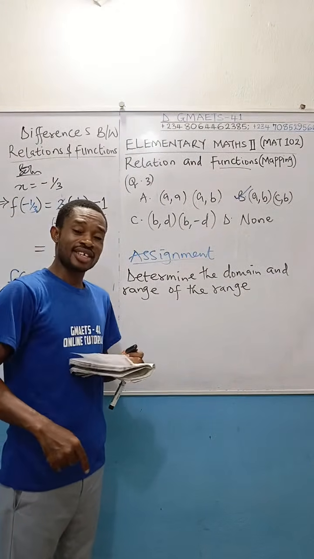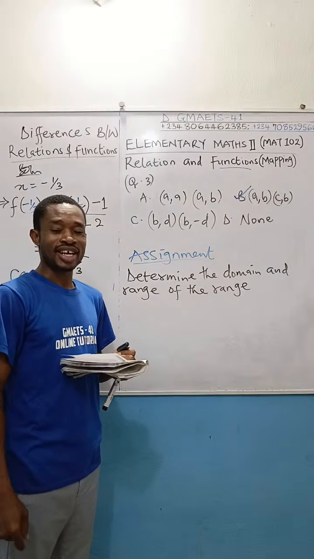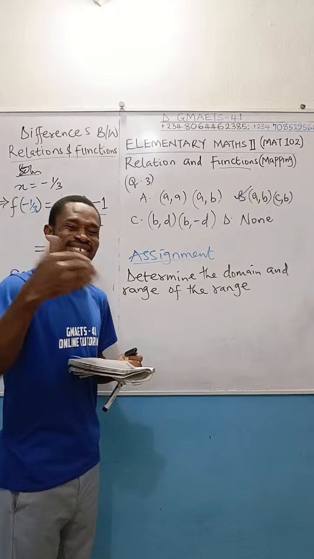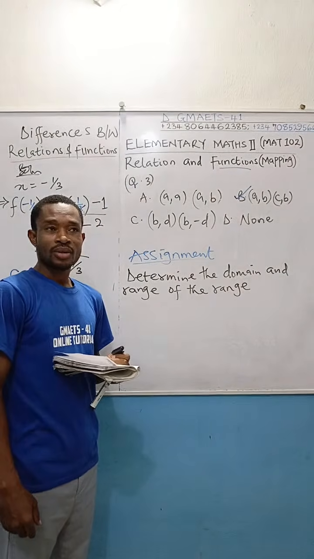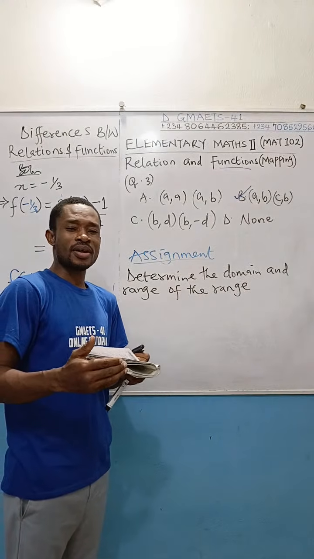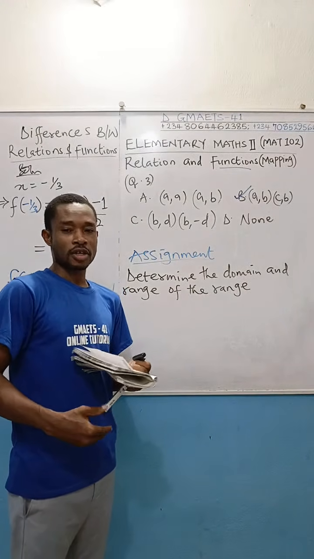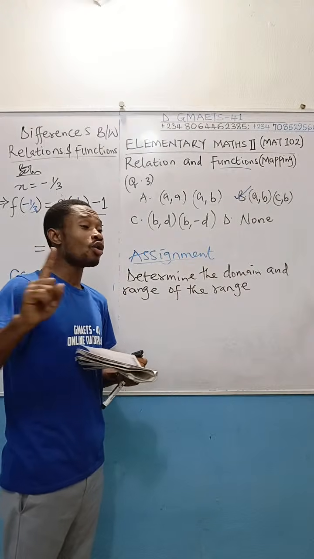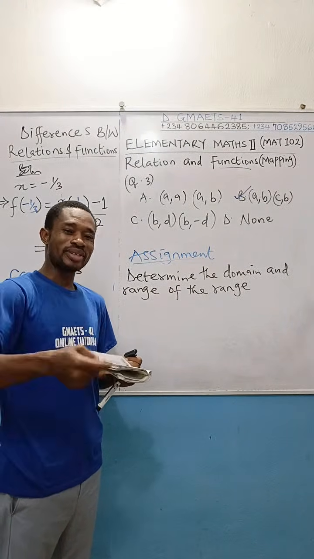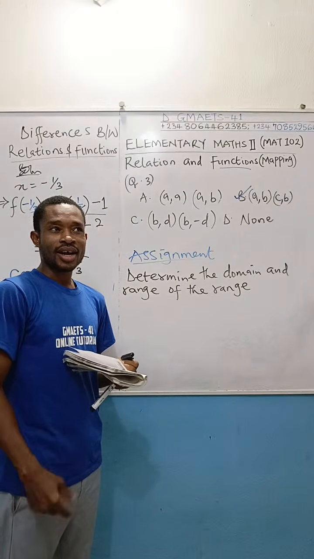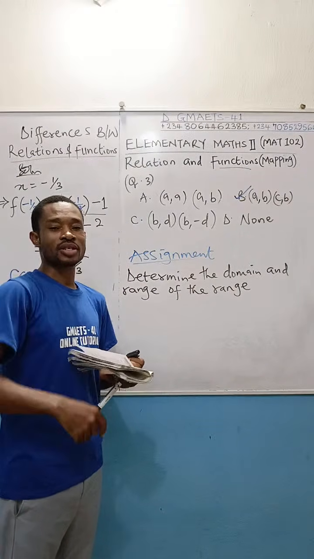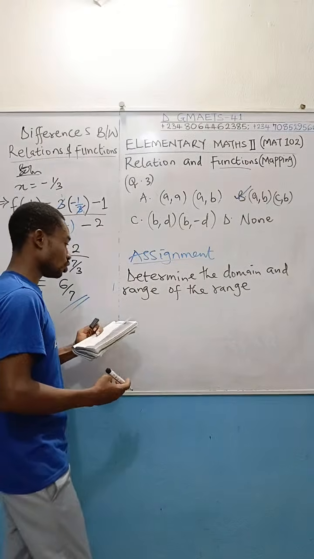In that case, the codomain and the range will be the same. We concluded that the range is an improper subset of the codomain, where all the elements in the codomain are an image. Then the range will be exactly the same as the codomain.